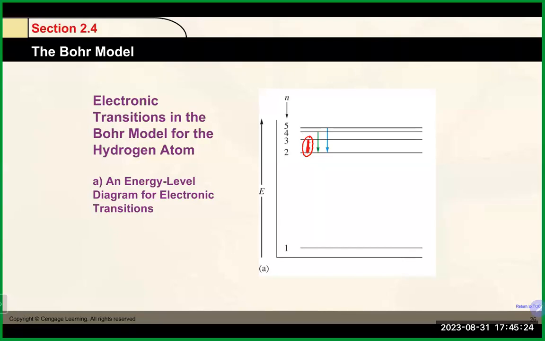As you can see here, not very big. But maybe when we see more of that blue line, it's going from the fifth energy level to the second, which is several energy levels. It's going to go past there to get down there, which is going to require a lot more energy to be released. And thus, we see a much shorter wavelength of light coming off in that photon.